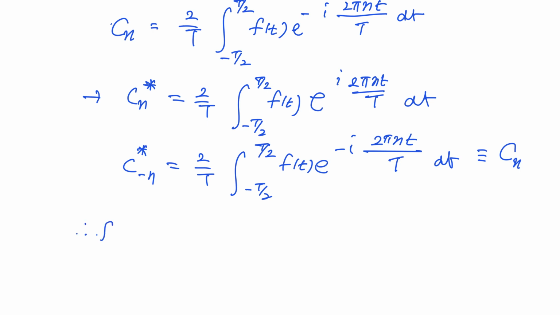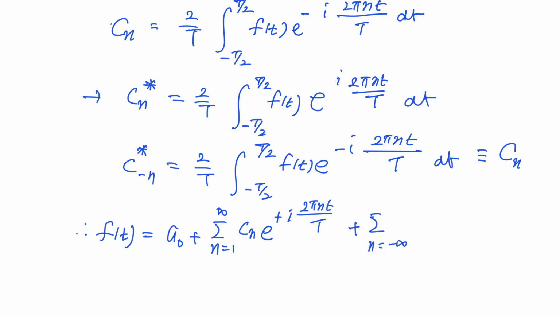So f(t) is a0 plus the sum of Cn exponential i 2 pi n t over T, plus the sum from n equal to minus infinity to minus 1 of Cn exponential i 2 pi n t, right?